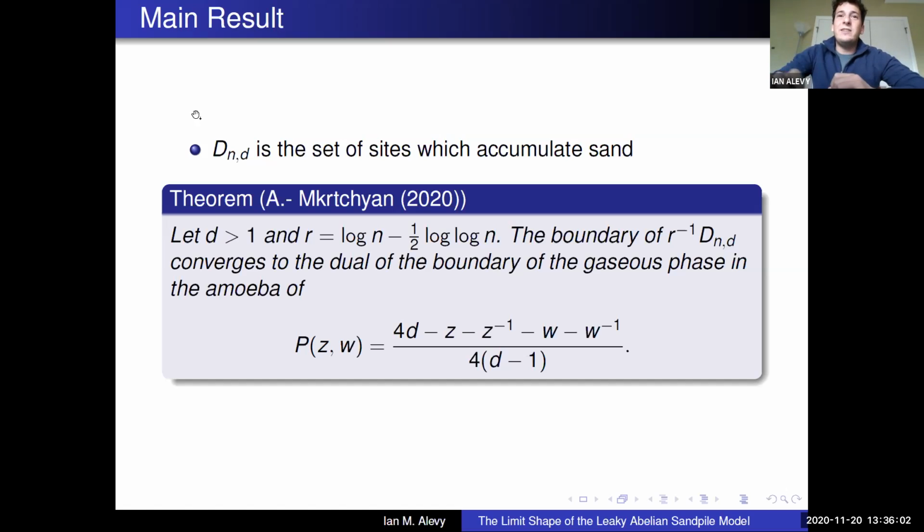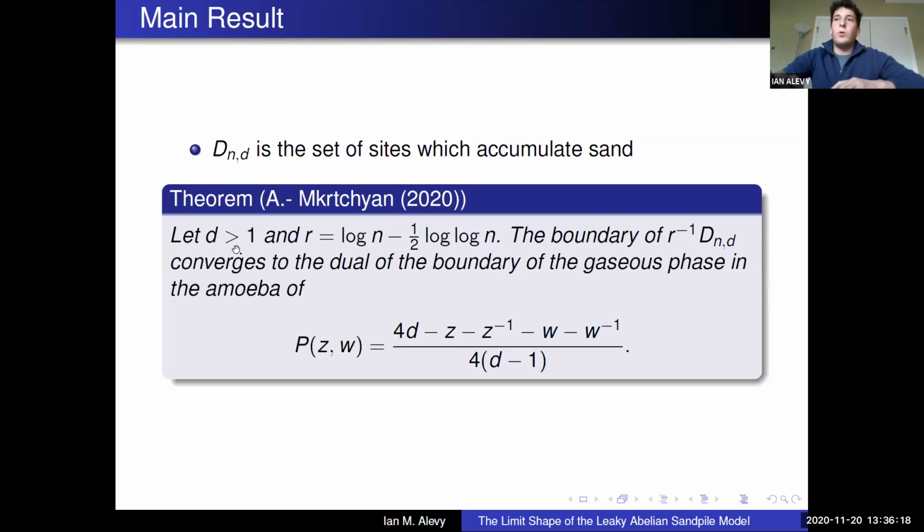So we let D and D be the set of sites which have accumulated sand under toppling. Notice that it depends on N, which is the number of initial chips, and D, which is the dissipation.